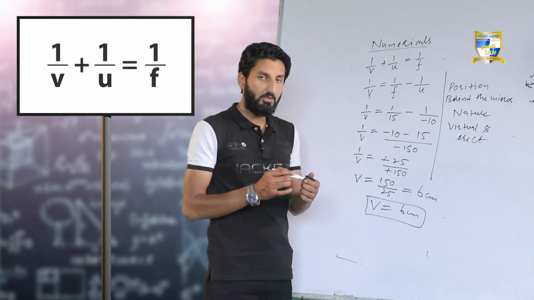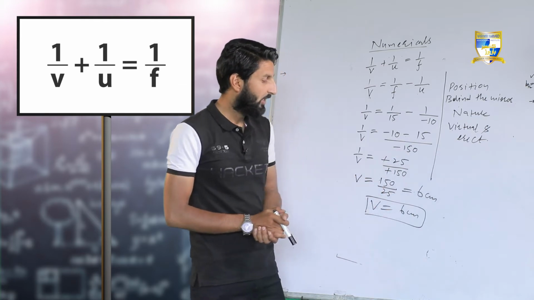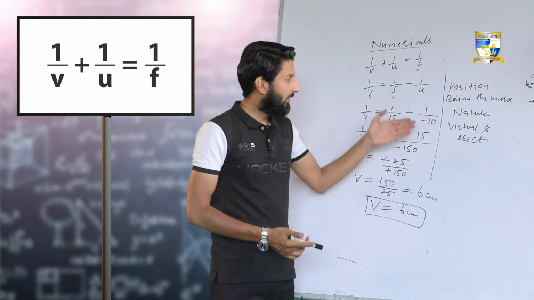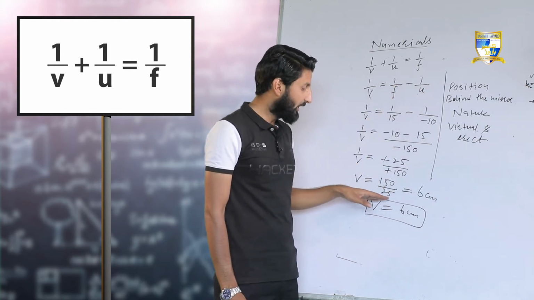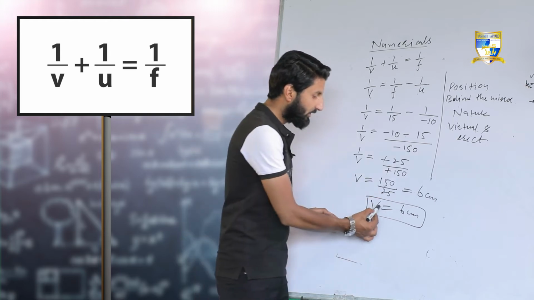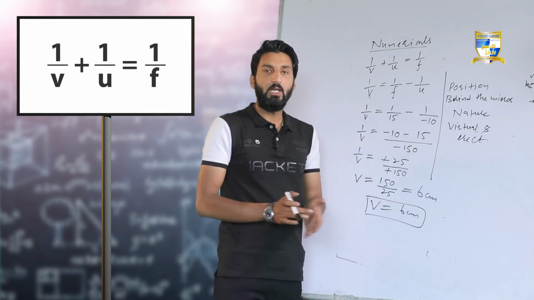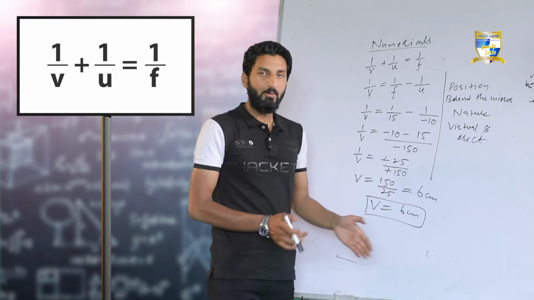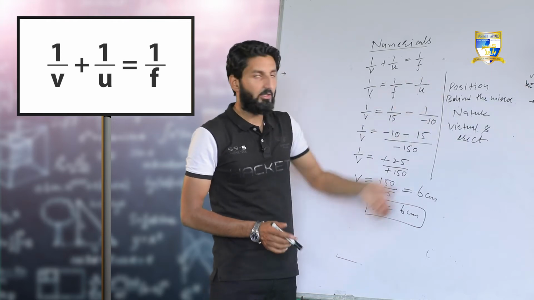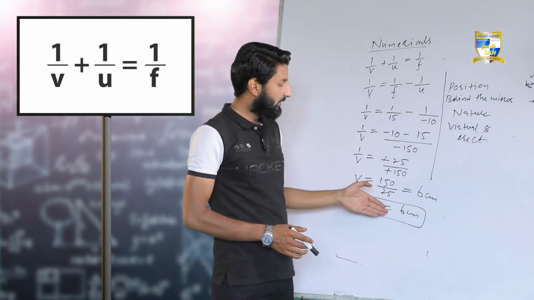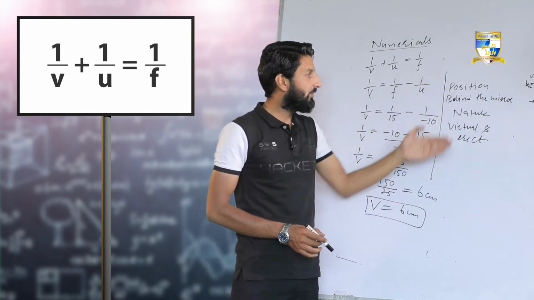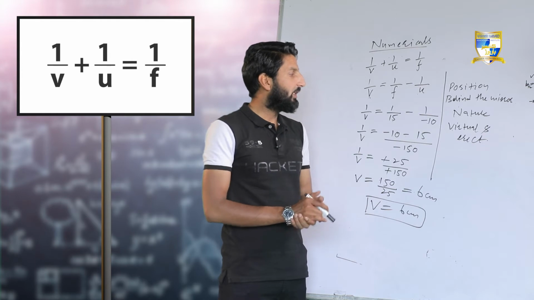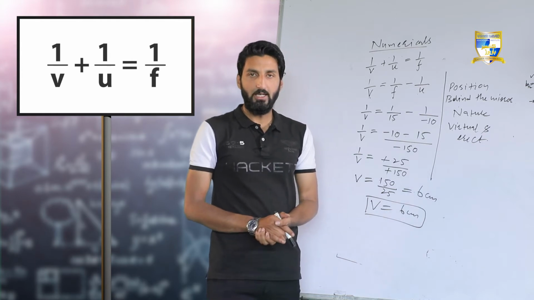So the numerical is done, the image distance comes out to be 6 centimeter. With the help of V, we can know the different characteristics of image. The image distance is positive, so the position of image is behind the mirror and the nature of the image is virtual and erect. Fine.